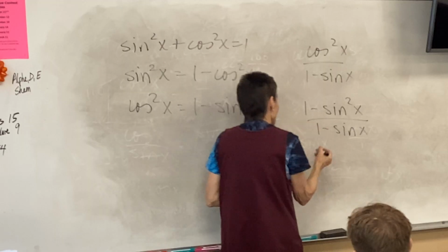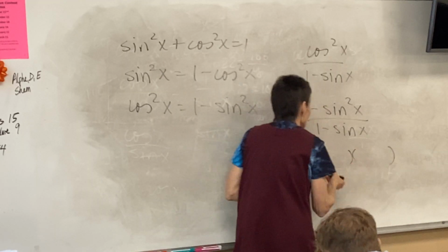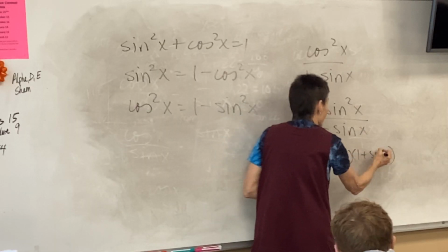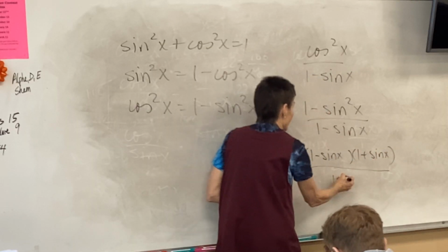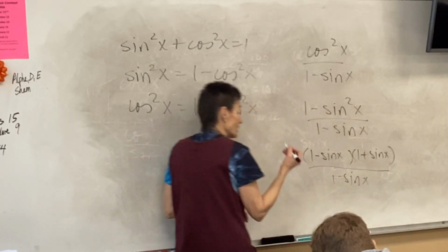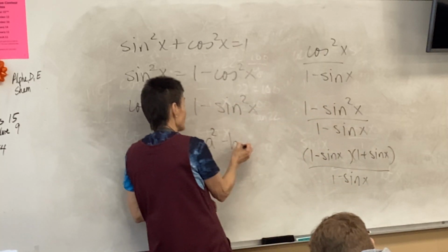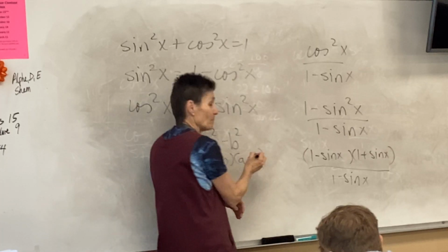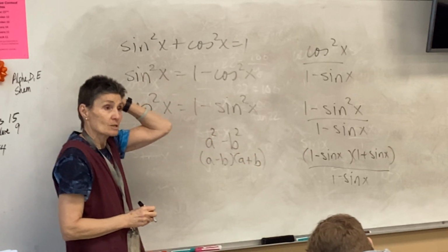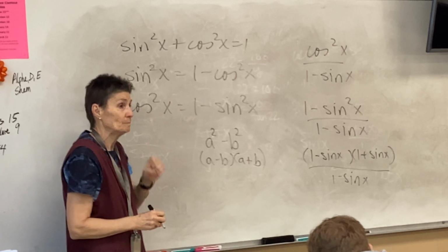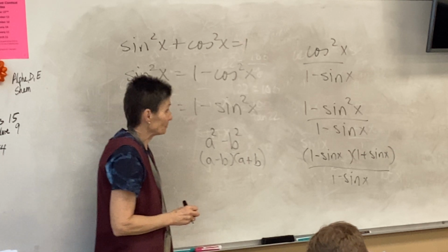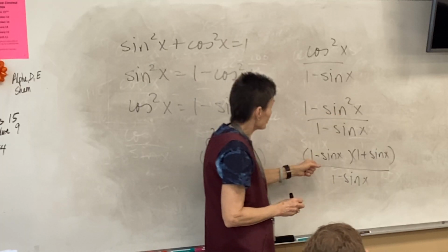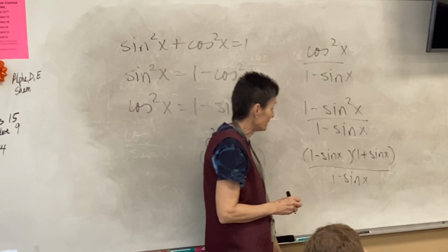So that numerator is going to factor as 1 minus sine, 1 plus sine. Just like a squared minus b squared is a minus b, a plus b. Remember that? The difference of squares? So 1 is a square, sine squared is a square, so 1 minus sine, 1 plus sine.